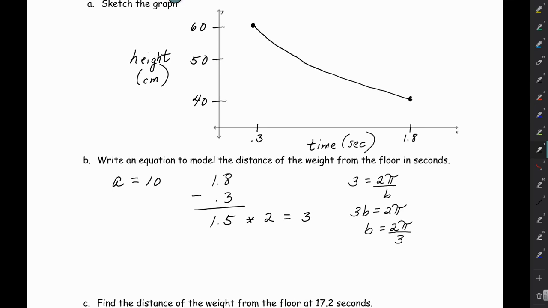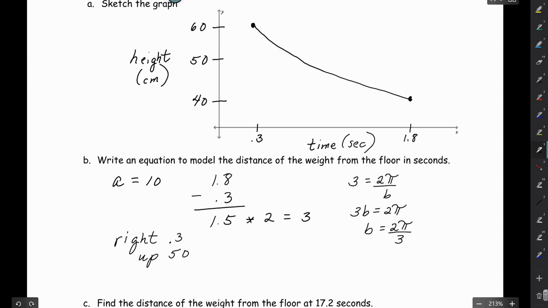We need to know our horizontal shift. The graph starts here, so we know that our horizontal shift is 0.3. So we're going right 0.3. And we also need to know the vertical translation, what's the center, and that's going to be up 50.